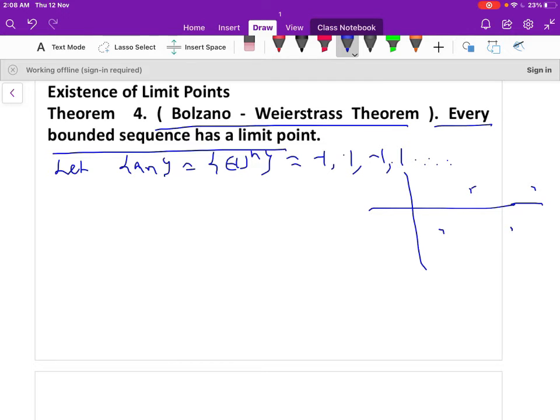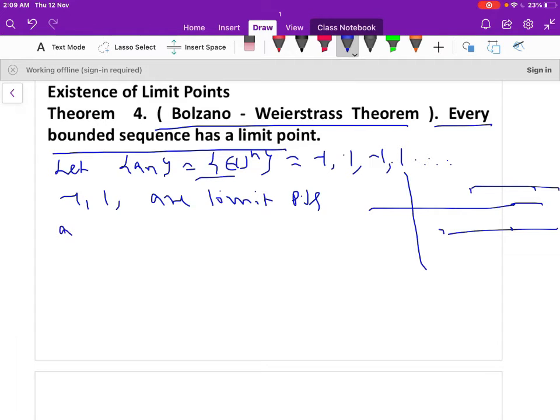So it is bounded above by 1 and below by minus 1. According to the theorem, every bounded sequence has a limit point. Let us check whether the sequence has a limit point or not. Here minus 1 and plus 1 are the limit points of the sequence.